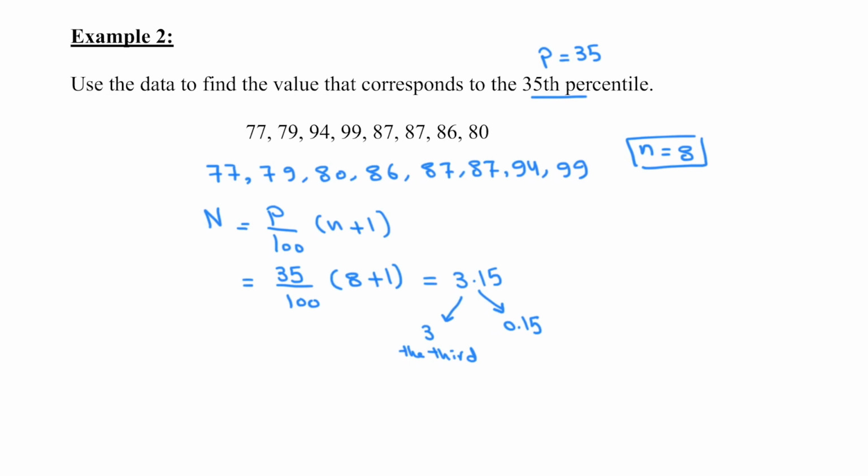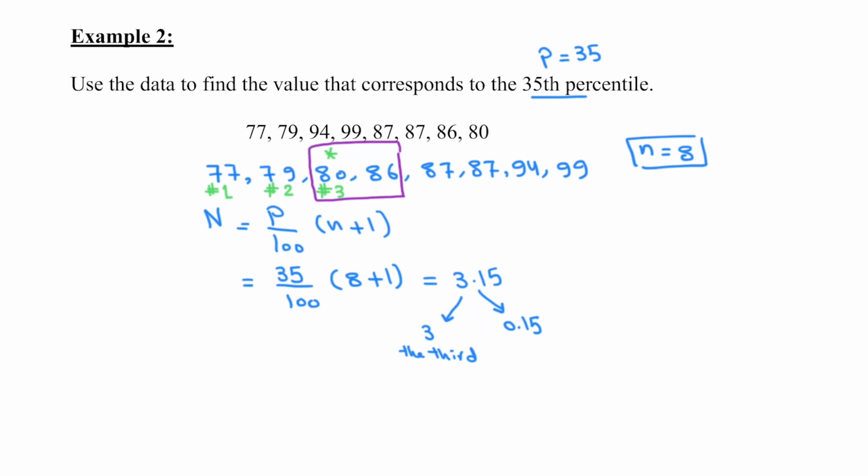Now, because this 3 means the third, we can go back to the ordered data set to find the third value. So this is the first, this is the second value, and this one is the third value. So the value that I'm looking for should be located between the third and the value that is coming right after the third value, which is the fourth value.